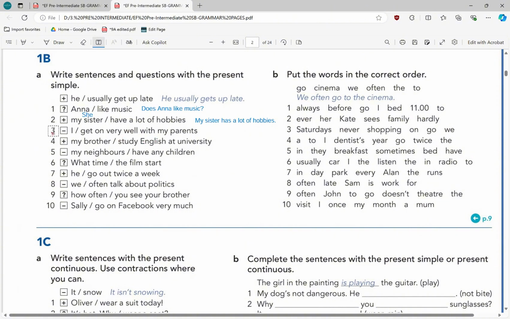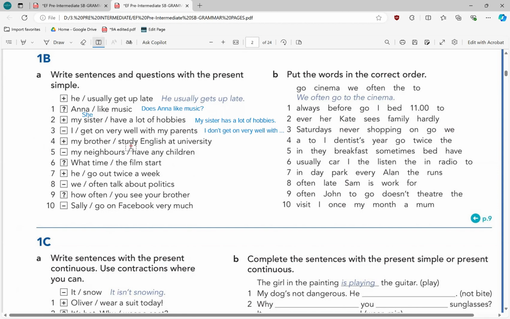All right. Number 3 is negative. So I don't get on. I don't get on very well, and then with my parents. The rest will be the same. I don't get on very well with my parents. Number 4, my brother, as you can see here, plus. So study. My brother is he.